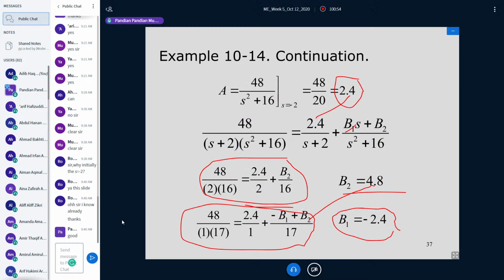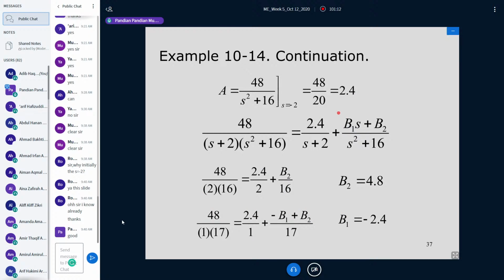Similarly, the next one, 48 over S plus 2, S squared plus 16, they're using a different method. They change. Now this one is different, but the B1 S B2 is still the same here.